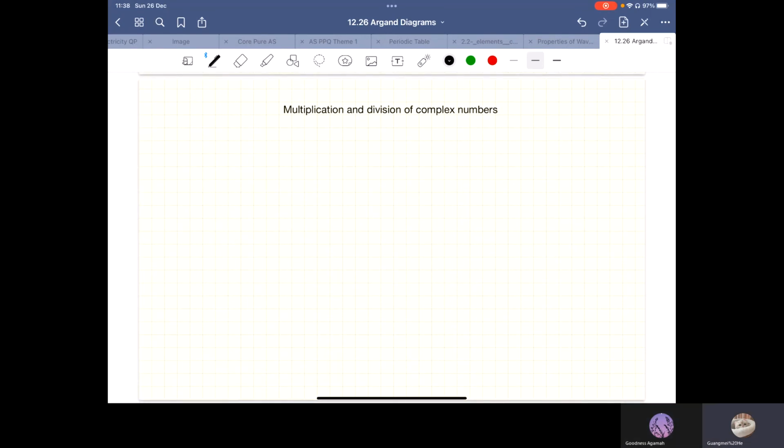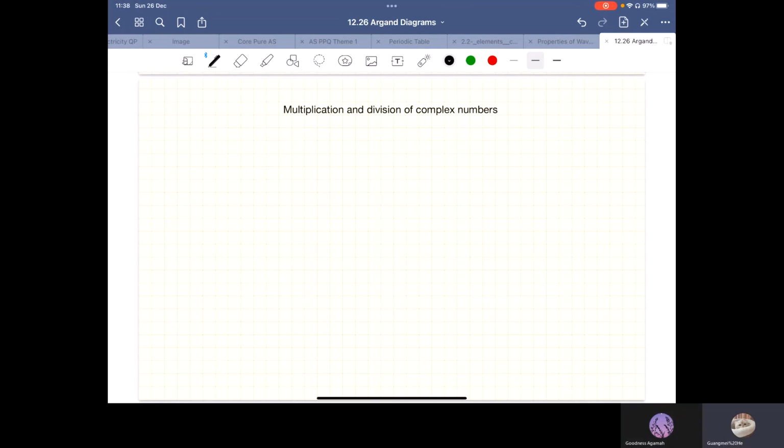We'll introduce something new now. Multiplication and division of complex numbers. I know that we've done something like, for example, 3 plus 2i times 2 minus i. But now we're not working with this. We're working with its modulus.